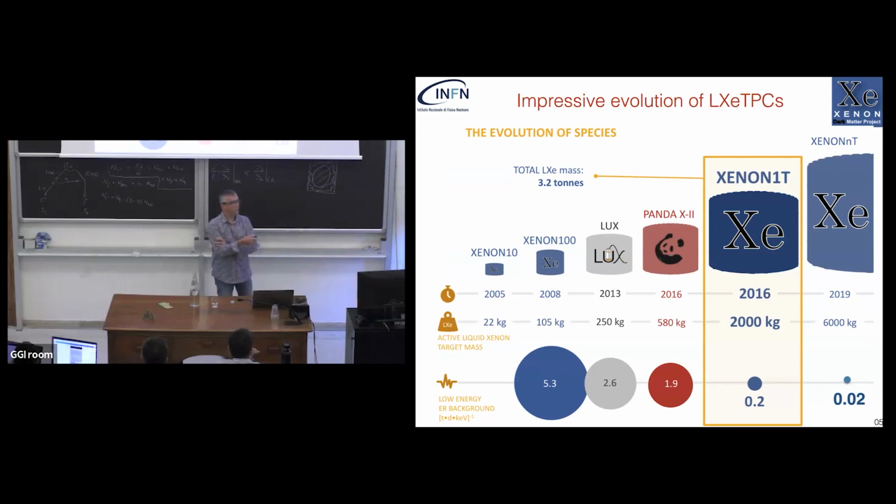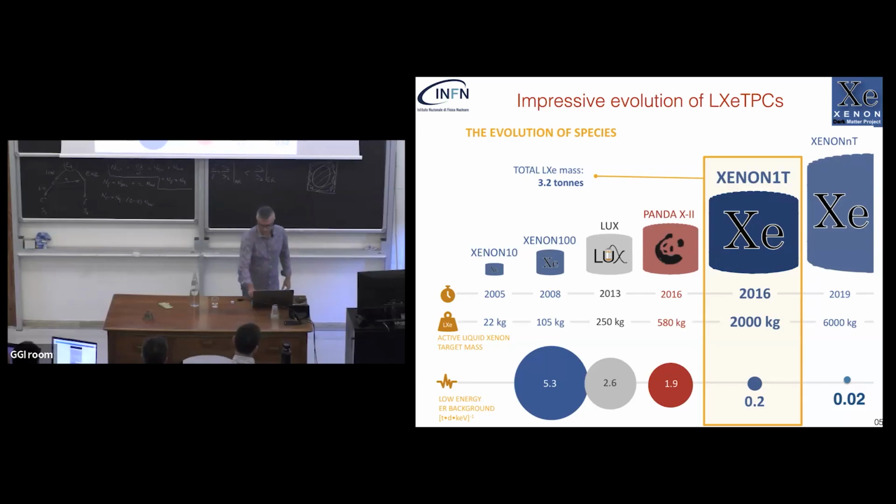And you see here that it's important to increase the size, but it's not just a brute force approach, because in each step that you make in getting bigger, you also have to reduce your background. Otherwise, you do not gain as much as you can.